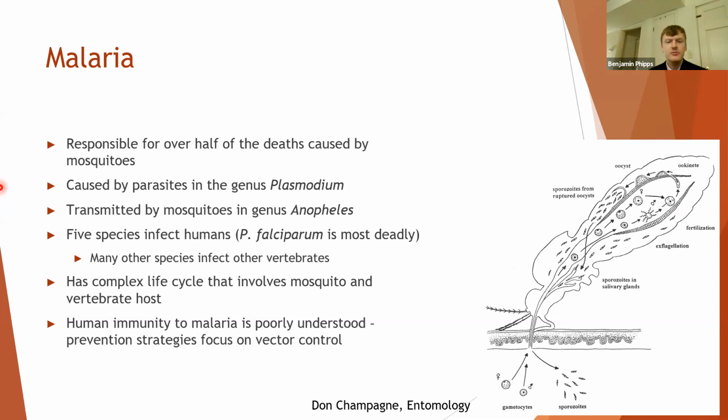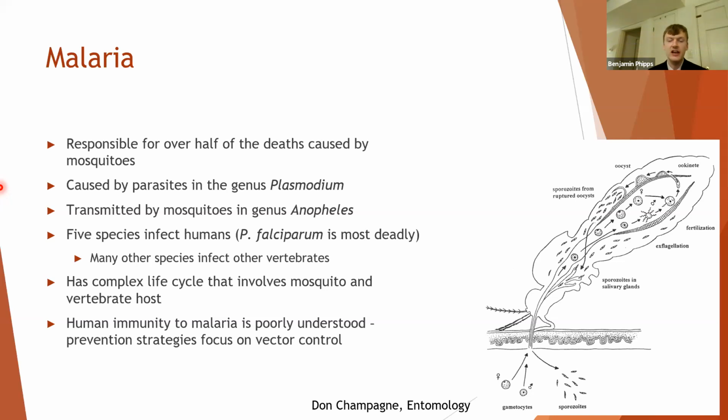Human immunity to malaria is poorly understood, and this complicates the design of an effective vaccine. Therefore, prevention strategies focus on vector control.